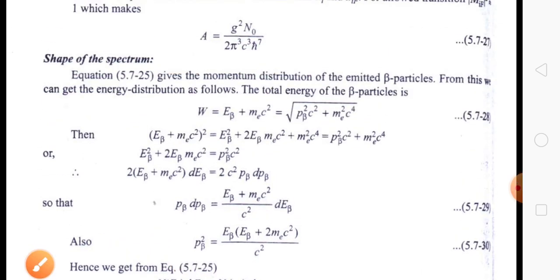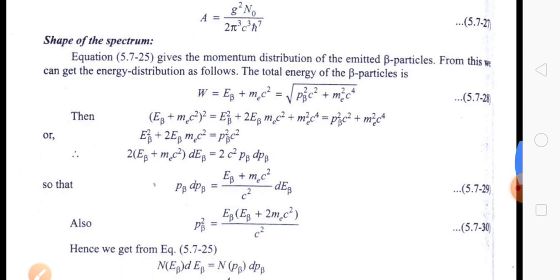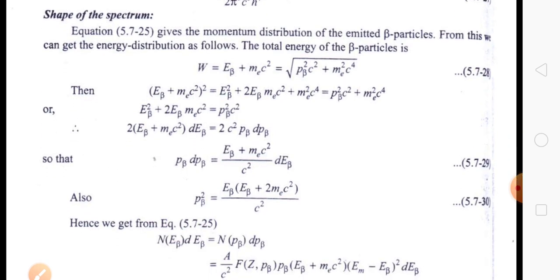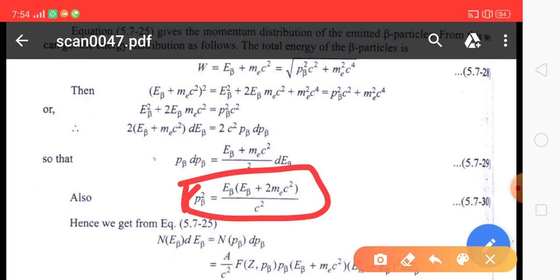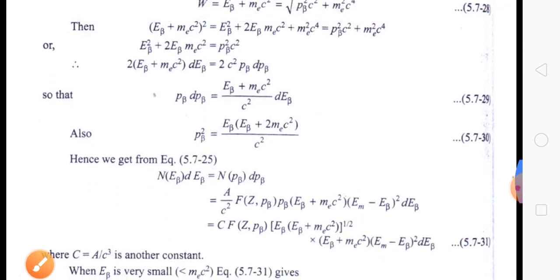So by solving those expressions we obtain this equation. W equals, then you have to square it, rearrange the terms, and whatever terms are going to be cancelled, please do it and evaluate for P_B squared. So that what you will get is E_B into bracket E_B plus 2 m_e c squared divided by c squared.